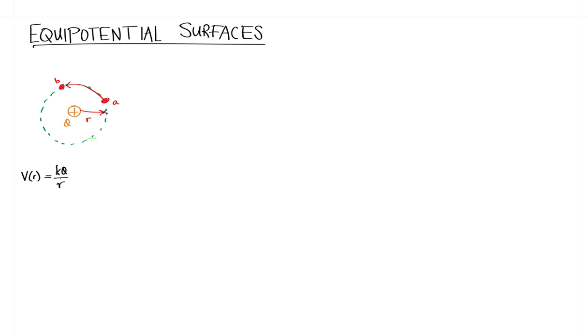So since all of these points have the same potential, it doesn't take any work for me to move a charge from here to there. In other words, along the equipotential, which is that circle, V_BA is equal to 0 if B and A are on the same equipotential.